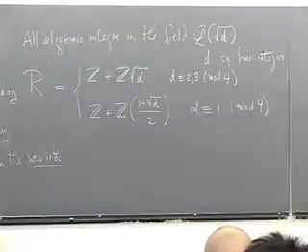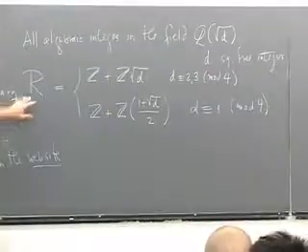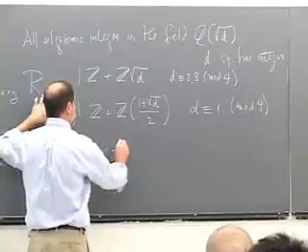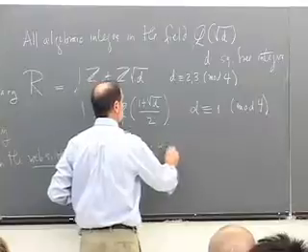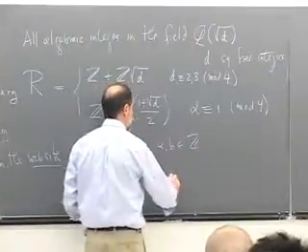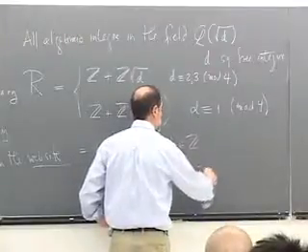Now, there's a nice uniform way of writing this. So in other words, the things in the algebraic integers are of the form a plus b root d, where a and b are integers, or a and b are half integers, which are not integers.